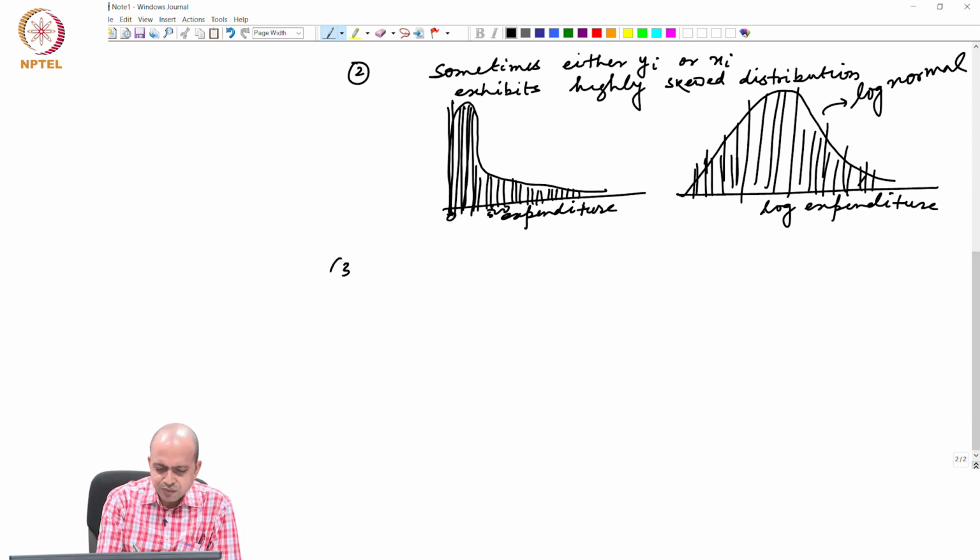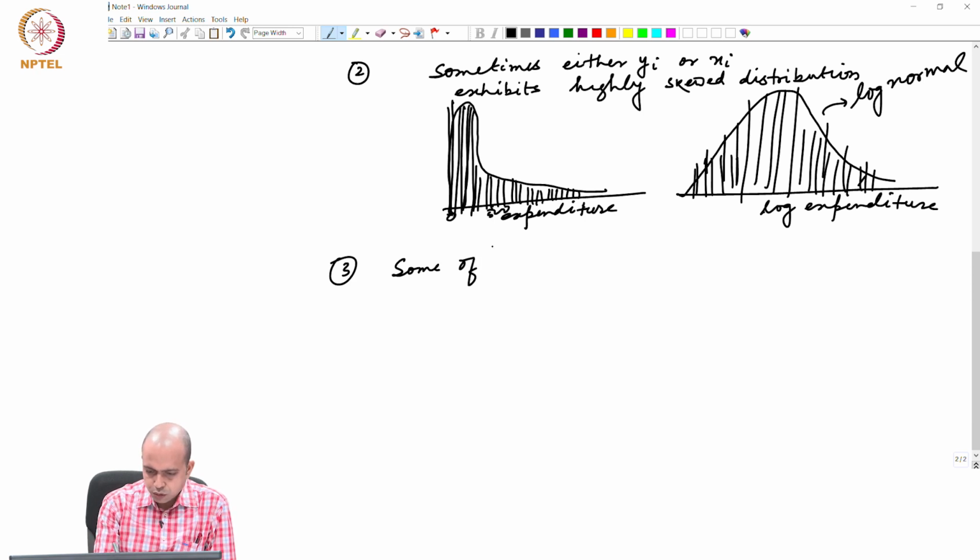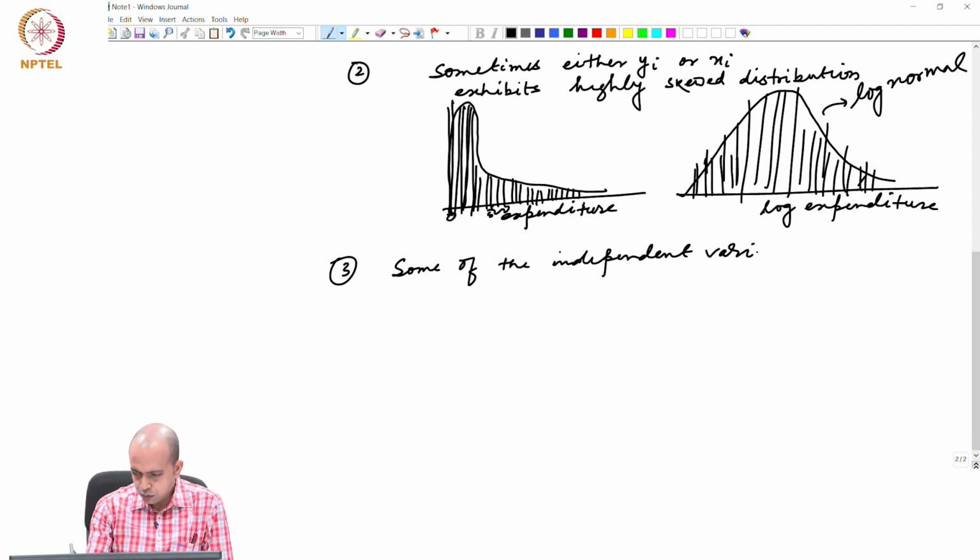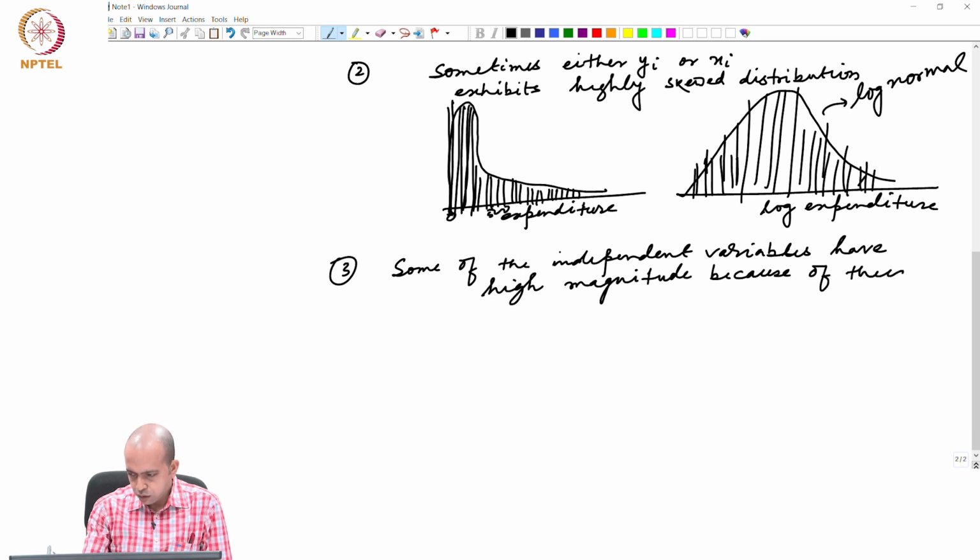There is another reason. Sometimes you see that some of your independent variables have high magnitude because of their unit. Okay.